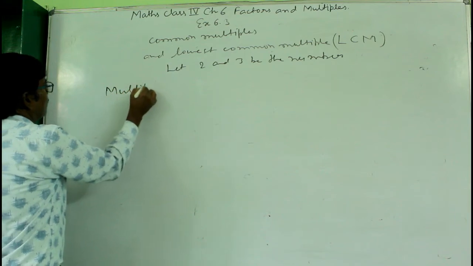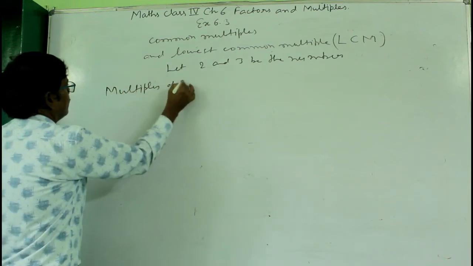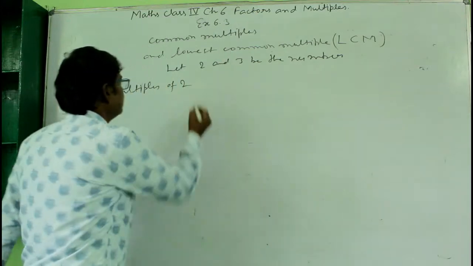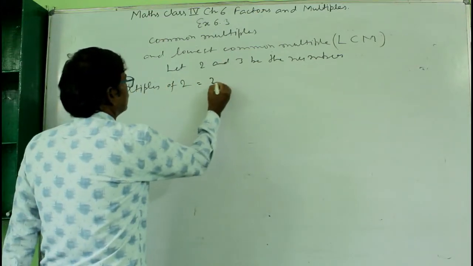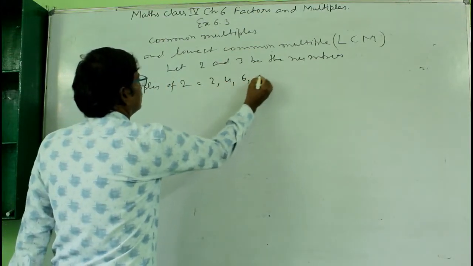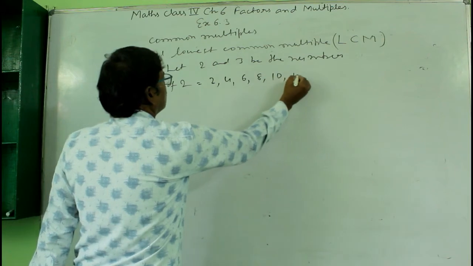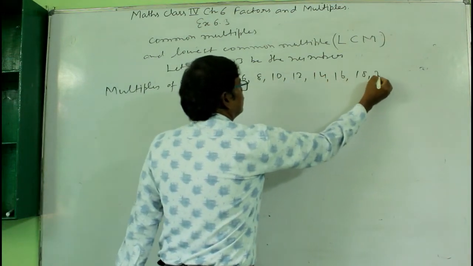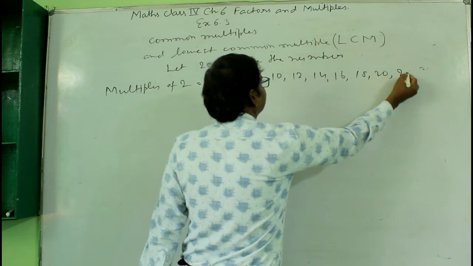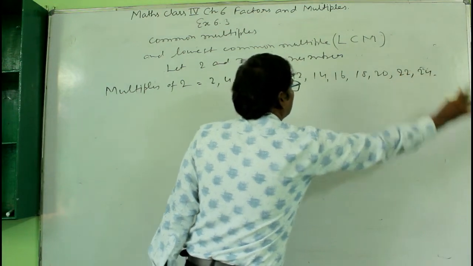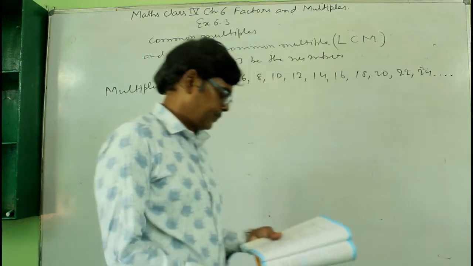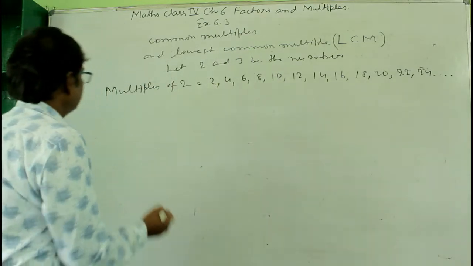Multiples of 2 are what? And so on, dot dot dot. तब ये चलता जाएगा, okay? Then next you will write the multiples of 3.